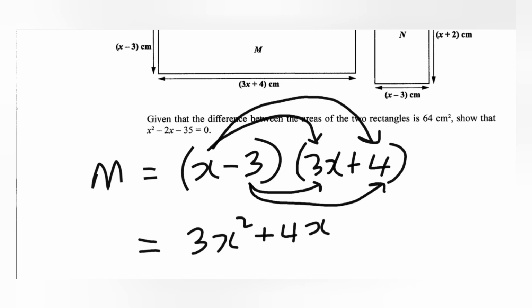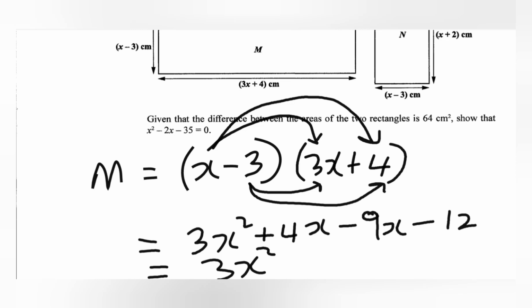So minus 3 times 3x will give us minus 9x, and minus 3 times 4 is going to give us minus 12. So we can simplify this. It's going to become 3x squared, positive 4x minus 9x will give us minus 5x, and we're just going to have that minus 12.